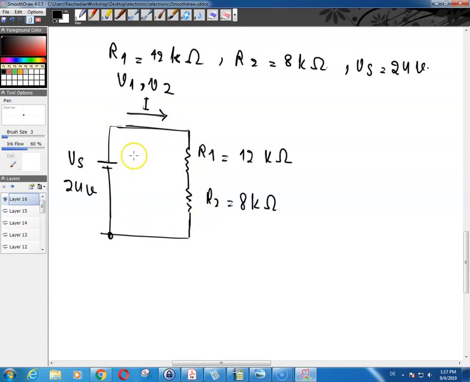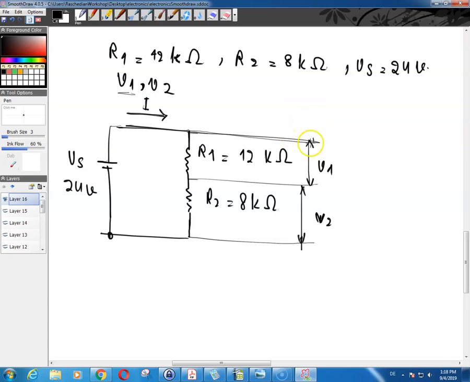If you want to calculate V1, which is this voltage over here, and this voltage over here is V2, we need to use the Ohm's law.